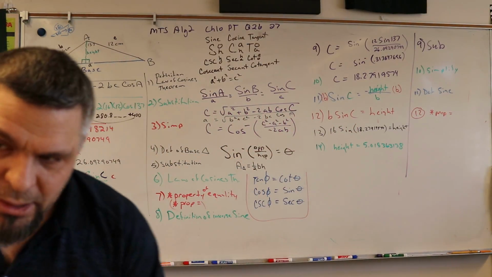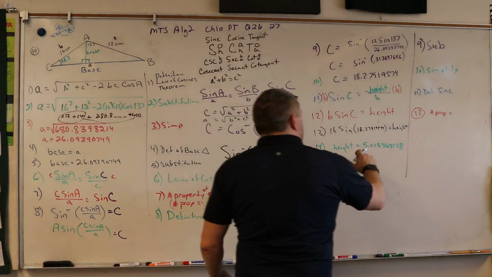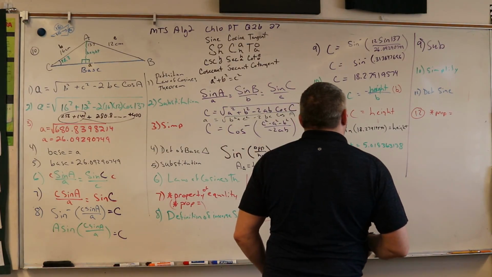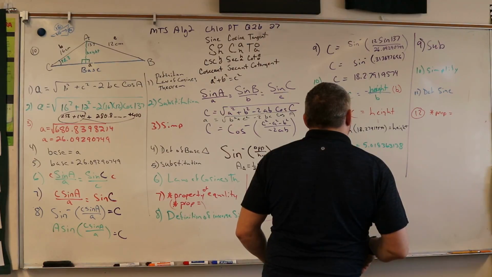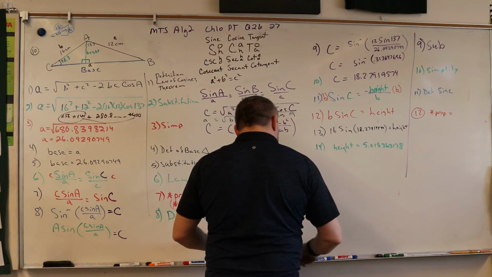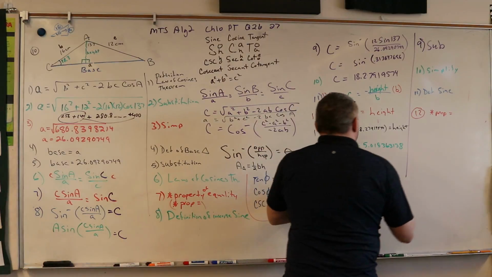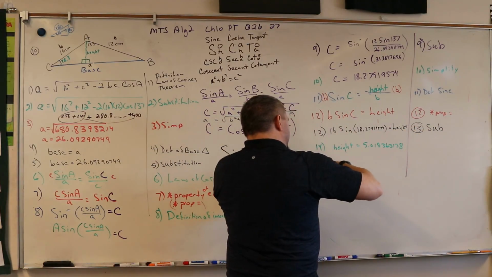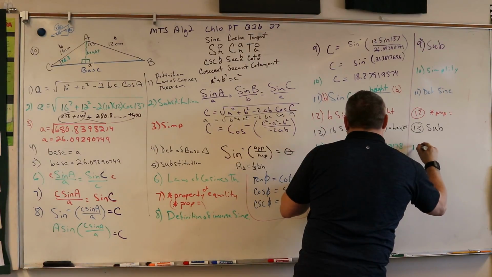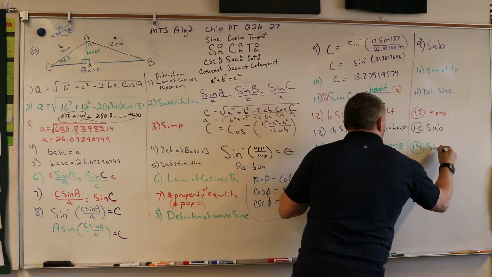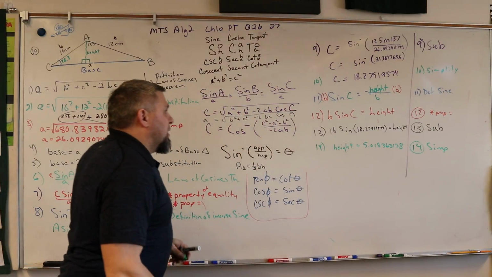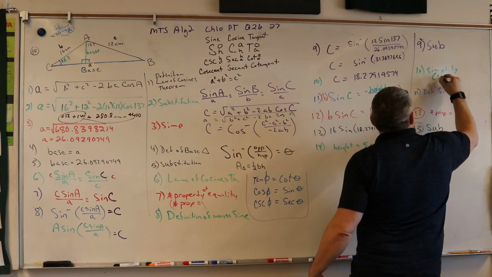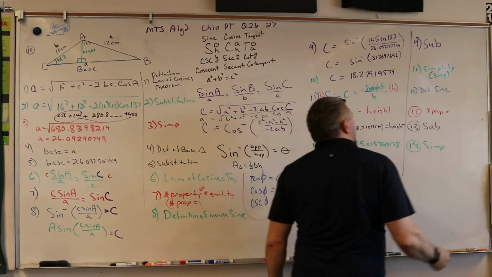Okay? Alright, so that's the height. By the way, to get to 13, what did we do? Oh, we substituted, right? So 13 was substitution, and 14 was simplification. Okay? So when we simplify, that's called simp, and we can use that later.